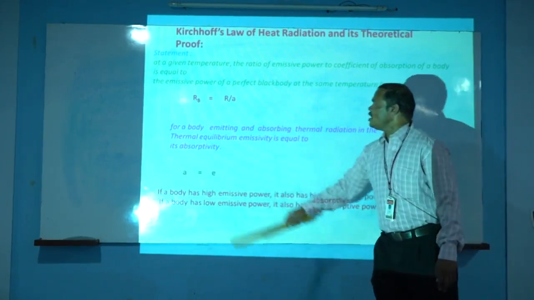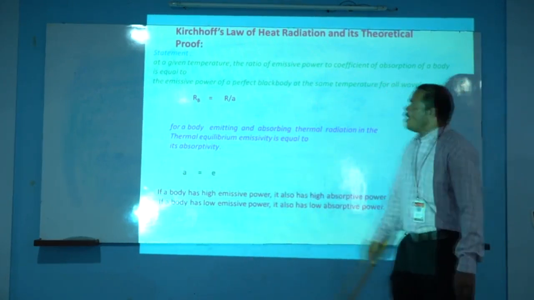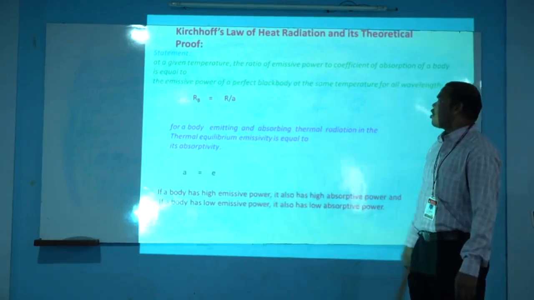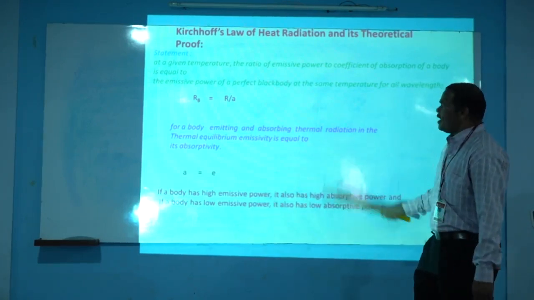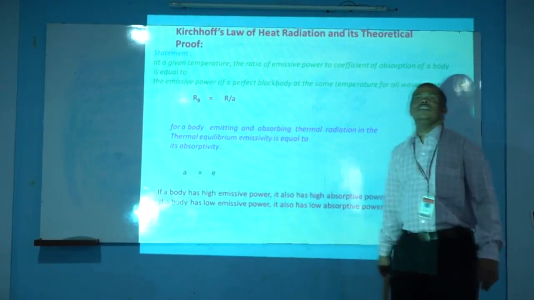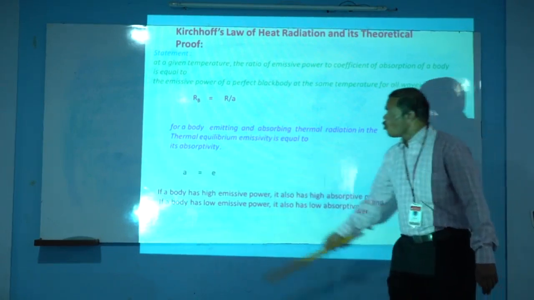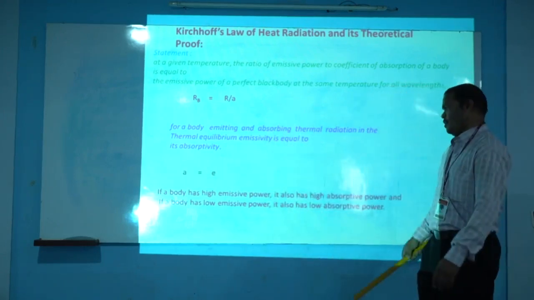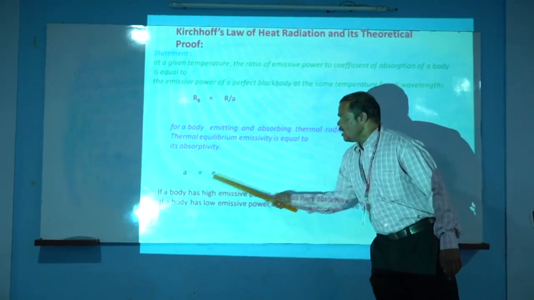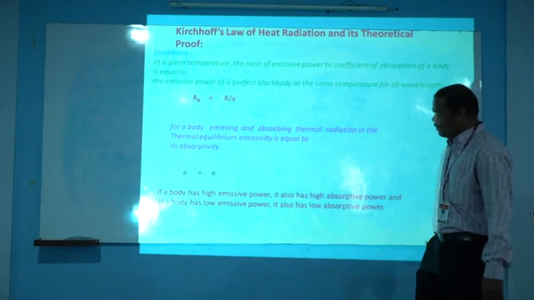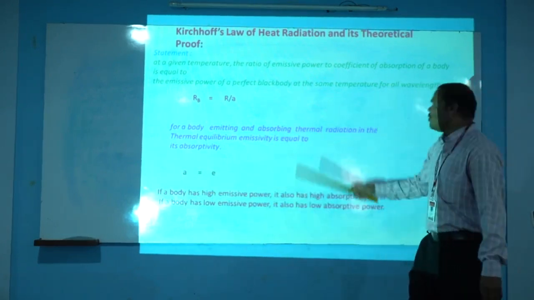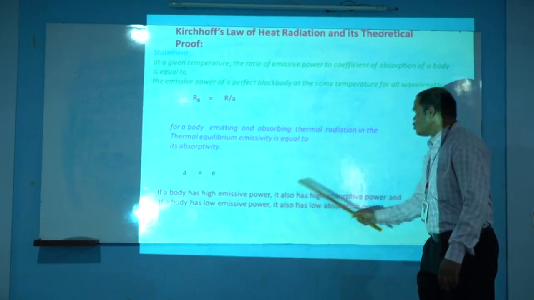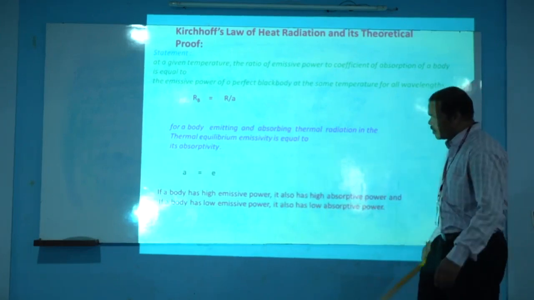So according to this statement, when a body is emitting or absorbing thermal radiation, when the body is in thermal equilibrium, the coefficient of absorption is equal to the coefficient of emission. The physical significance of this equation is that if a body has higher emissive power, it also has higher absorptive power.